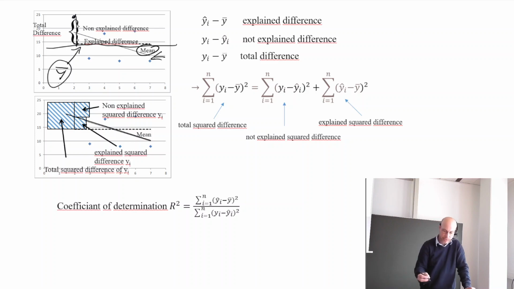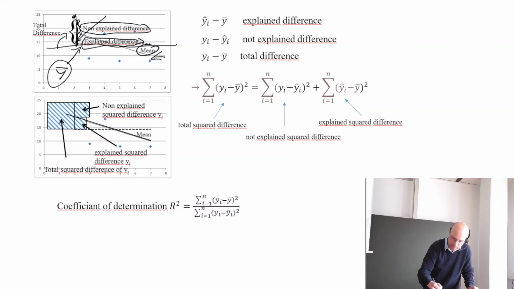And in order to increase our explanation, we go to this linear line as a fit. And then, of course, we can say that this part here is the explained difference. There we moved up. And the left part up here is then the not explained distance of our data point.